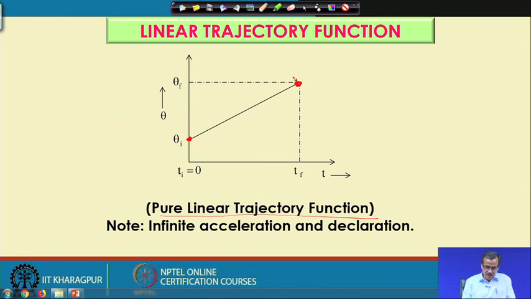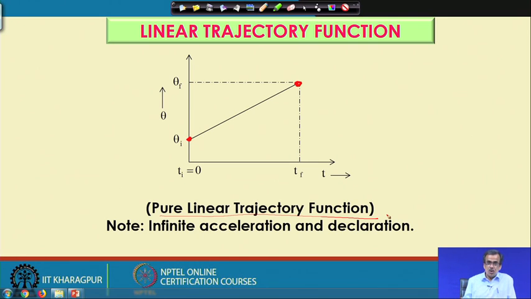This is not desirable. There will be jerky movement initially and at the end, and due to this jerky movement there will be mechanical vibration, and there could be failure of the robotic joint also.